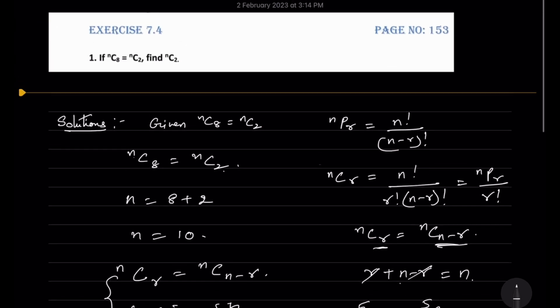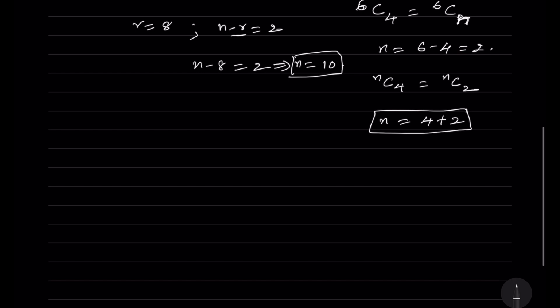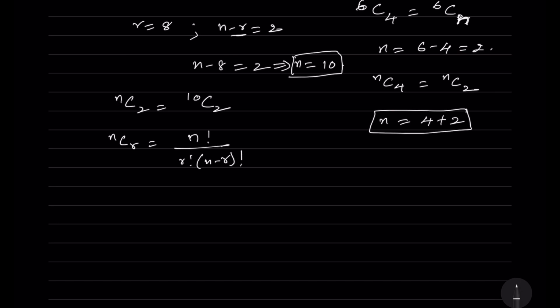Now we'll find what we have to find out, nC2. Therefore nC2 is nothing but 10C2. Using the formula nCr is equal to n factorial divided by r factorial into (n minus r) factorial, we get 10C2 is equal to 10 factorial by 2 factorial into (10 minus 2) factorial, which is 10 factorial divided by 2 factorial into 8 factorial.